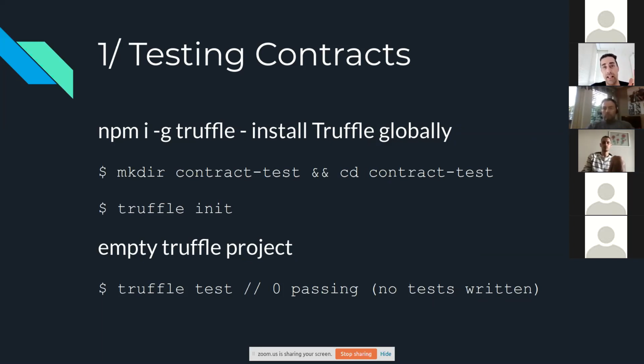It's a deployment framework. It will compile your contracts for you. There are a lot of really great command line tools, just 3 or 4 commands that you need to know to be very efficient in writing and deploying contracts if you use Truffle.